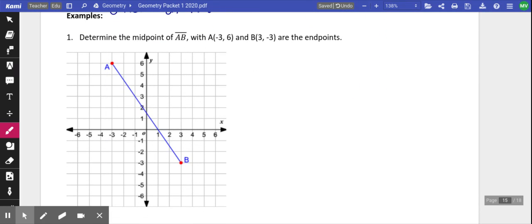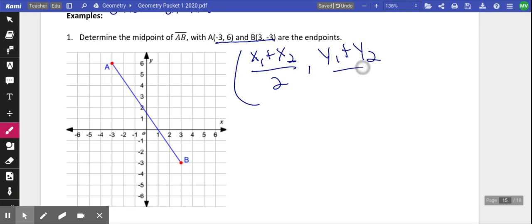So now here's exactly how we can do it here. I'm going to use the midpoint formula. So it's x1 plus x2 over 2, comma, y1 plus y2 over 2. And I can label these to help me. x1, y1, x2, y2.